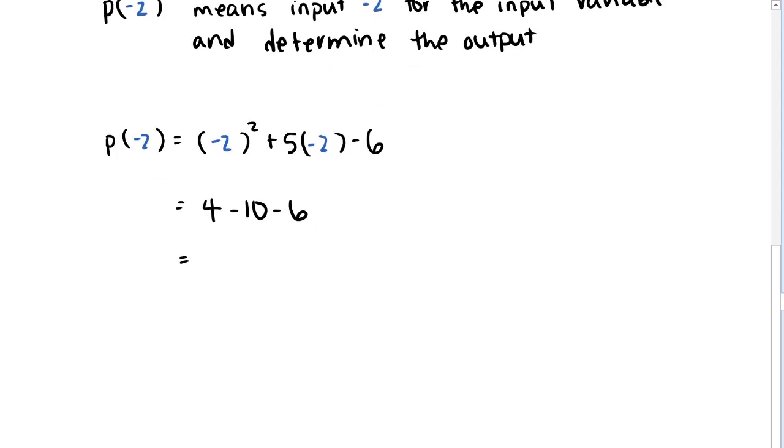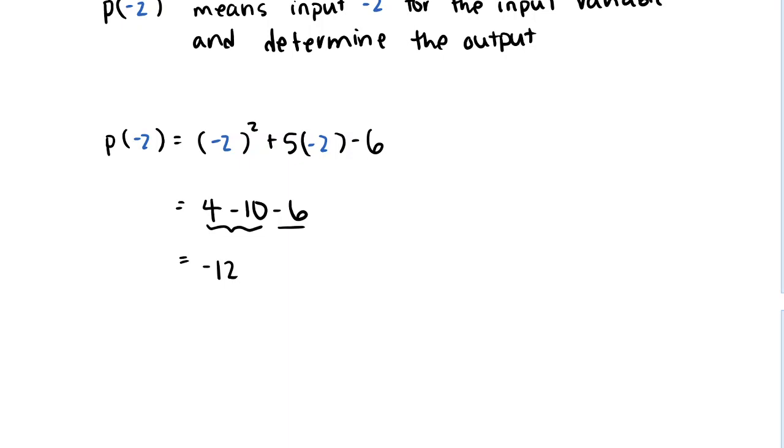So 4 minus 10 is negative 6. Right, if I have $4 and I owe $10, well, at the end of the day, I could pay off some of that debt, but I still owe $6, right? So here, this part is negative 6, and then minus 6 again gives me minus 12. If I owe $6, I owe another $6, I'll owe $12. Right, so this is telling me that my output corresponding to an input of negative 2 is negative 12.